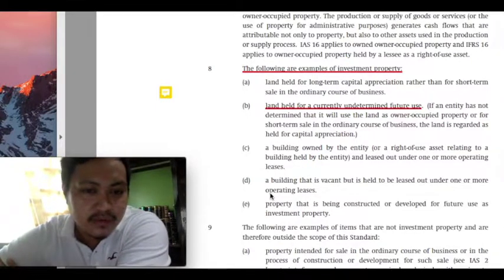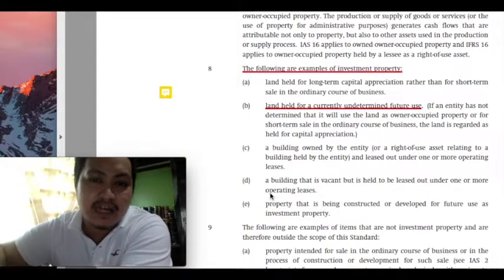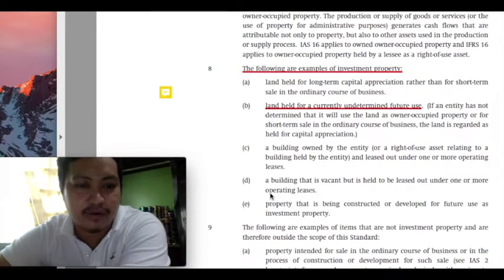So since you are now selling it, since from the perspective of accounting you are not just leasing it, then a property that is being leased out under a finance lease will not be considered as an investment property.